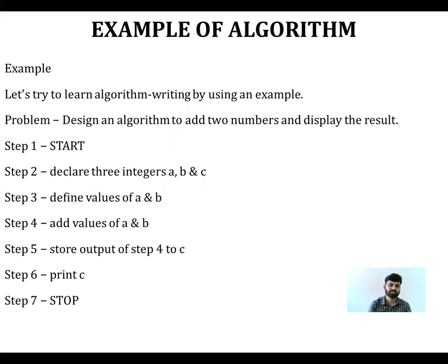Then third is define values of a and b, then add values of a and b. We have to apply the formula. Then store the output of step 4 to c. Means the addition should be stored in c. Then you have to print c, then stop. These are the various steps to solve the algorithm of addition of two numbers.